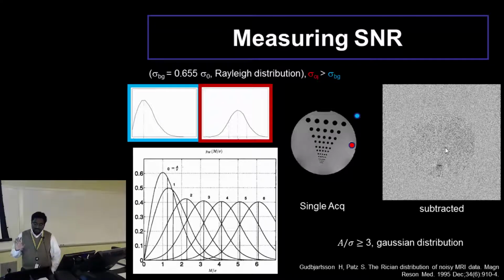So as long as the SNR is greater than or equal to 3 to 1, your noise distribution can be assumed as Gaussian. And if it's less than that, then you would end up in that zone of Rayleigh distribution.